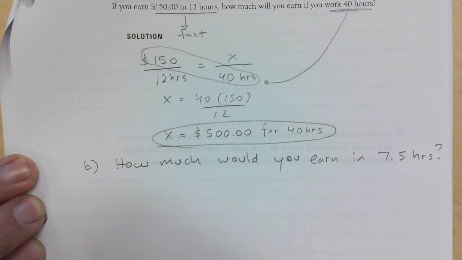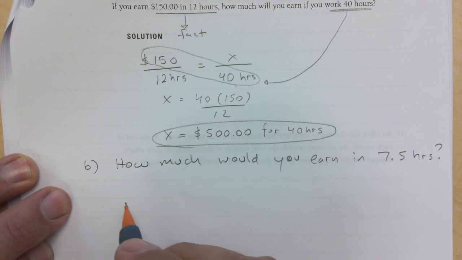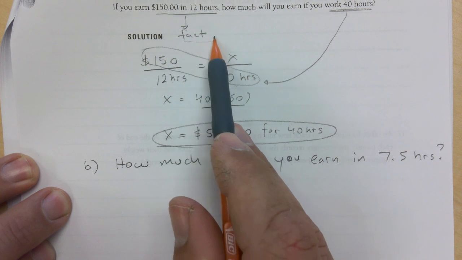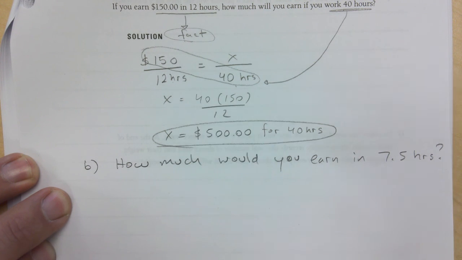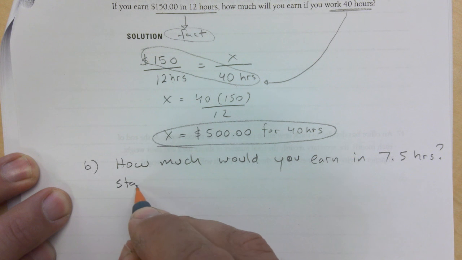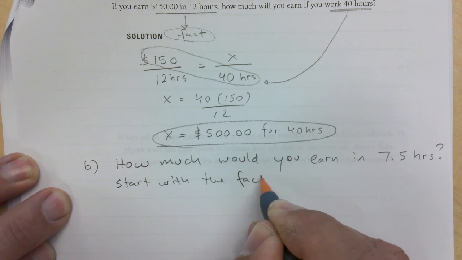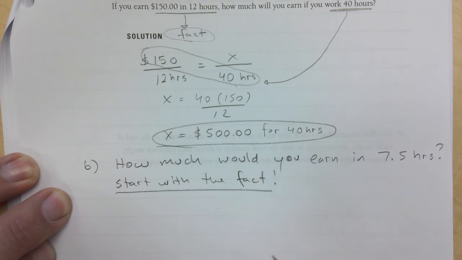How much would you earn in 7.5 hours? How do we start again? Well, we start with the fact, right? The information they're giving you. So we're going to start with the fact, always. So $150 is earned if you work 12 hours.